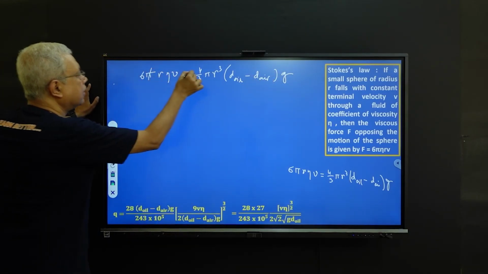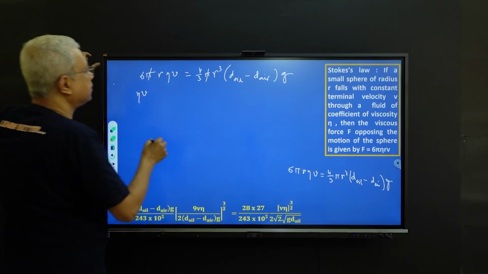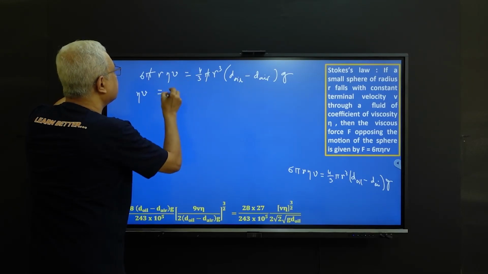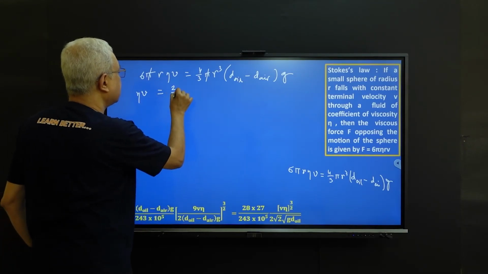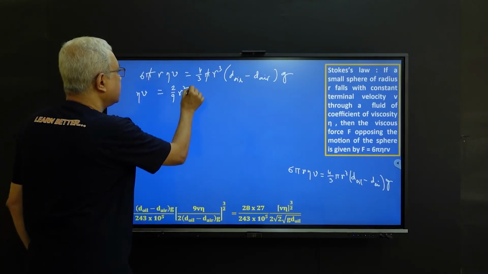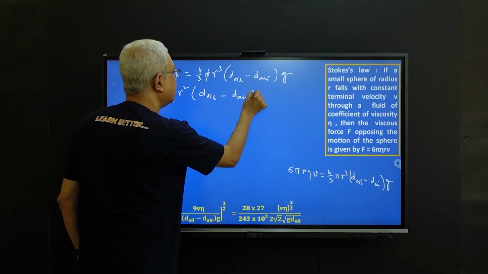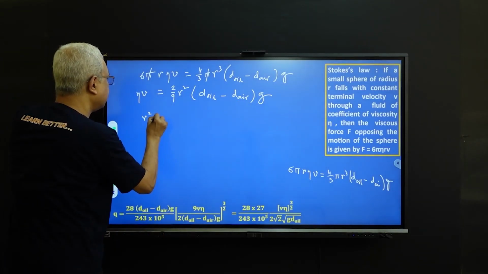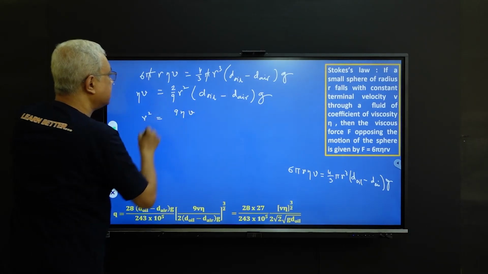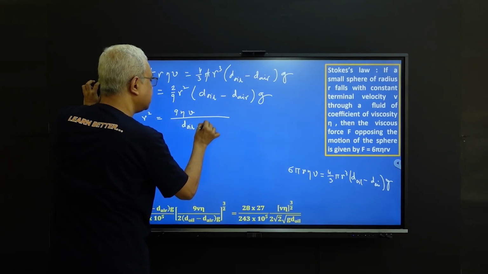So eta v is equal to 2 by 9 R square into d oil minus d air into g. So R square becomes 9 eta v by 2 into d oil minus d air into g.